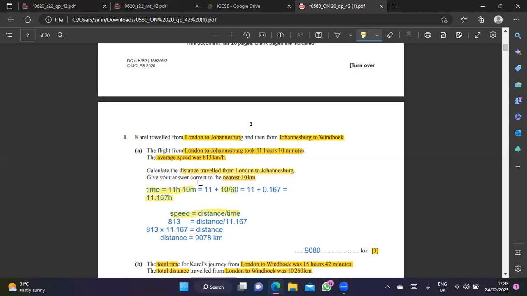Give your answer correct to the nearest 10 kilometers. So in other words, you have to round it off to 10 kilometers, which is 9080. So the answer is 9080 kilometers. And you put that in the question, where you have to put your answer. That is 3 marks, mashallah, yeah.